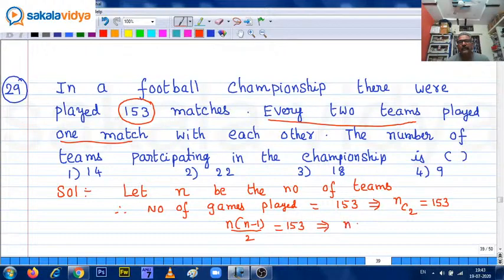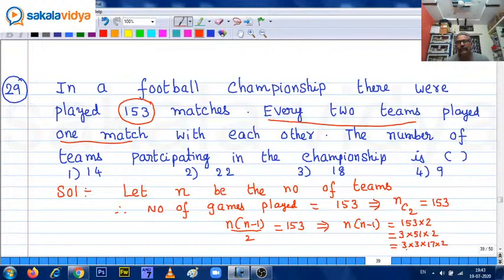Now n times n minus 1 is equal to 153 times 2. This needs to be expressed as the product of two consecutive integers. 153 is 3 times 51, 51 is 3 times 17, and 17 is a prime number. Then the 2.